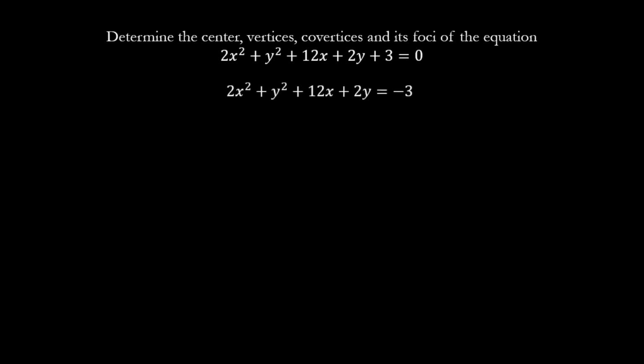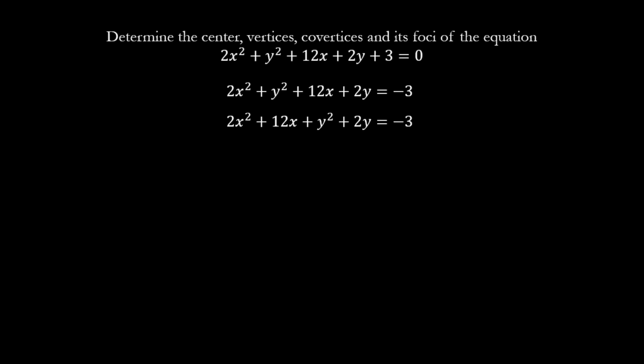Okay, then pagsamahin natin yung x and y. Okay? So in order to convert this equation into a standard form equation of the ellipse, we need to factor out muna yung number 2 sa 2x squared plus 12x. Okay? Kasi remember, para tayo makapag-completing the square, kailangan ang leading coefficient is always 1.